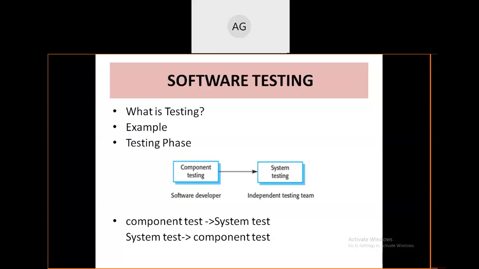And next is system testing. System testing is a part of integration testing, or the subsystem or component testing. This is similar to component testing only, meaning it once again goes through all the programs. If there are any errors or defects, it checks all the defects with the help of the functional and non-functional requirements. Depending upon the requirements, we specify the functional requirements and non-functional requirements.